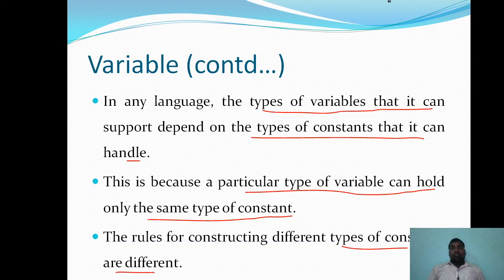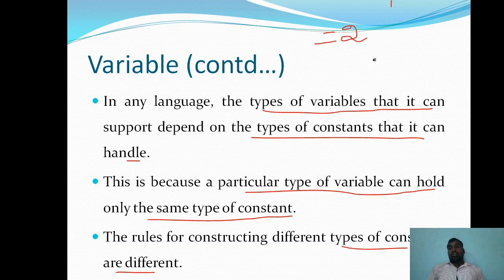The rule for constructing an integer is that it must have at least one digit. It may or may not be preceded with a sign. If it is positive, we do not precede it with any sign. If it is negative, it is preceded with a minus symbol, and it should not contain any fractional values. These are the main rules to construct an integer.